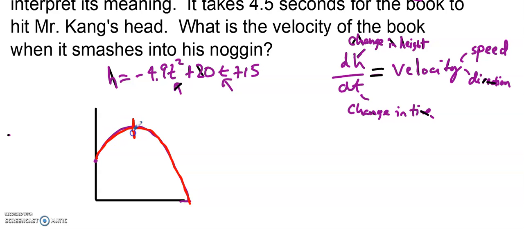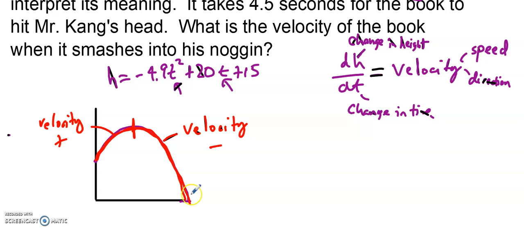On this part of the graph, my velocity would be positive because the book is going upward. And whenever we describe something going up in math, we use positive numbers. After it reaches the top and it starts to go back down, this portion of the book's journey to Mr. Kong's head would be a negative number, because now the book is traveling downward, so it would have a negative sign attached to its speed, so it would have a negative velocity.